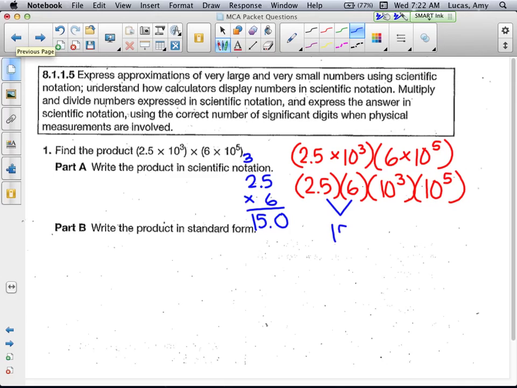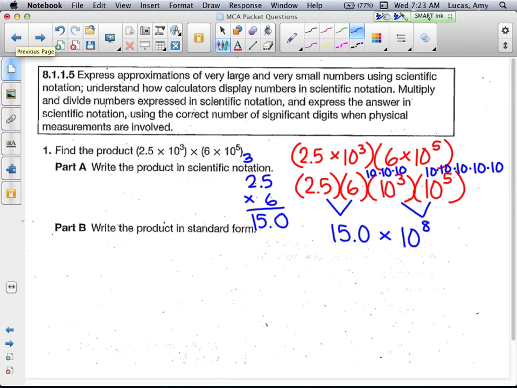So 15.0. And then remember that if we are multiplying the same base, 10 to the 3rd times 10 to the 5th, we can add together those exponents. If you wanted to look at it in expanded form to understand this, 10 to the 3rd times 10 to the 5th would mean that we have 8 tens multiplied together in all, so that would be the same as 10 to the 8th power.